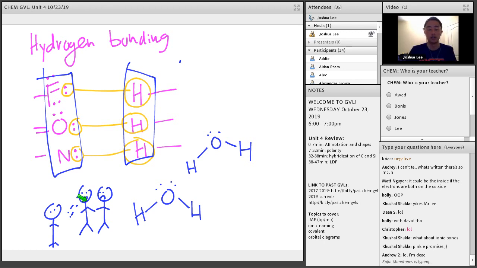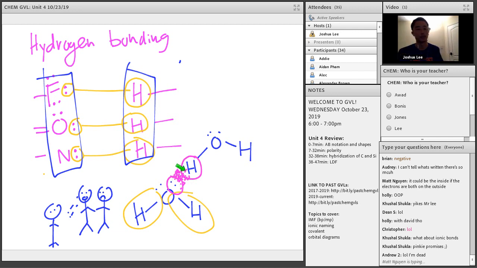This oxygen right here already has two hydrogens. But what happens now is it looks over to another water molecule, and these lone pairs are like, ooh, look, another hydrogen. So this right here is the hydrogen bond. Scandalous, I know.